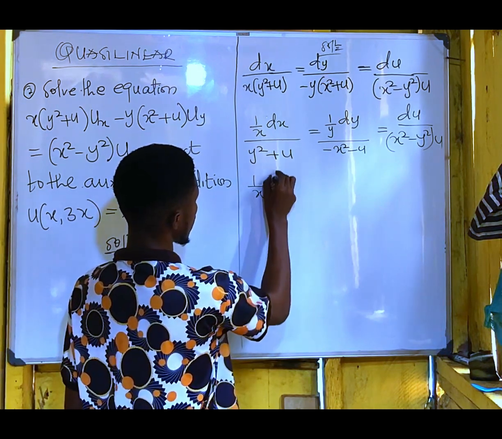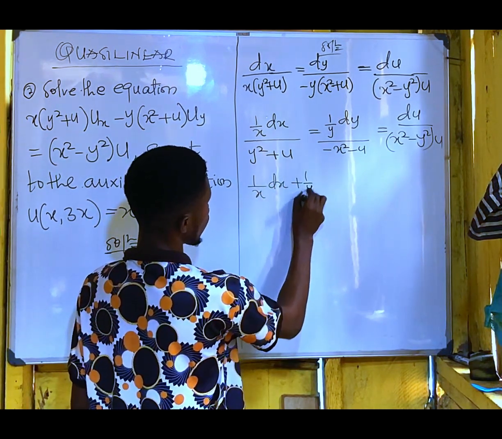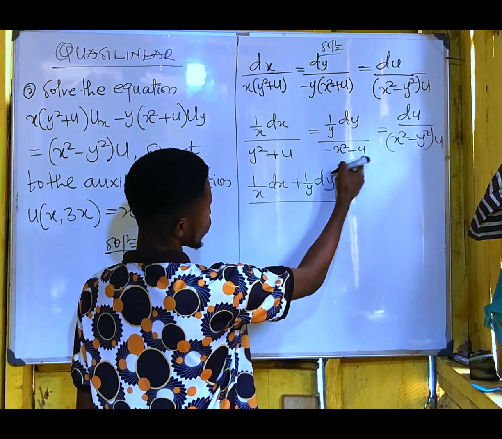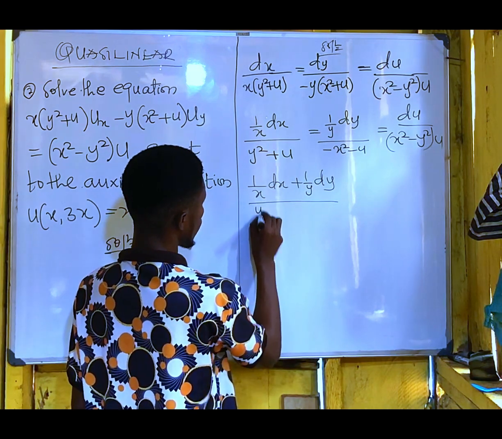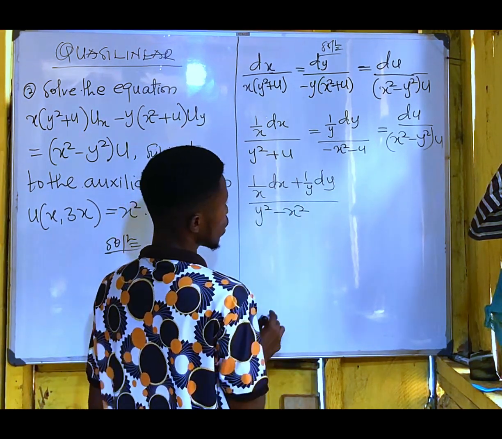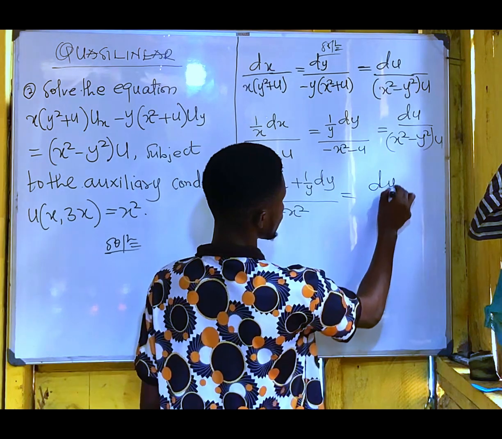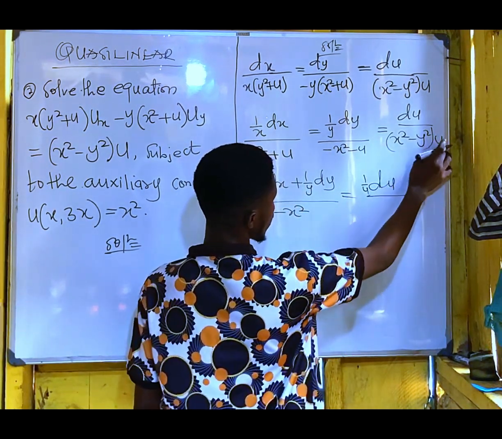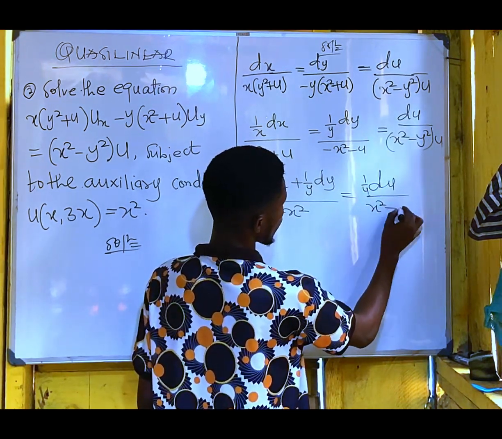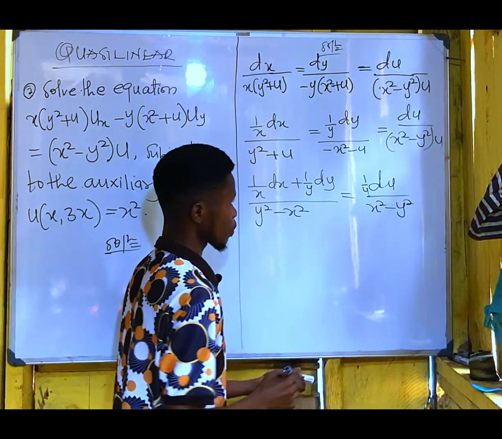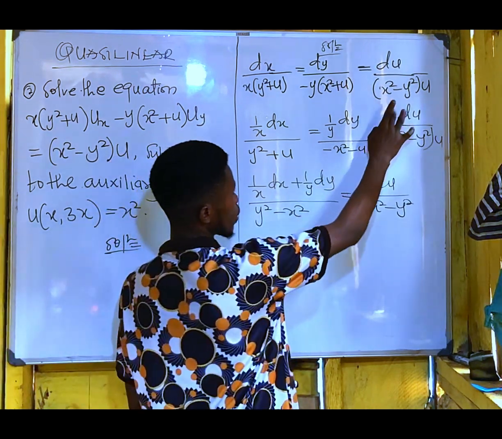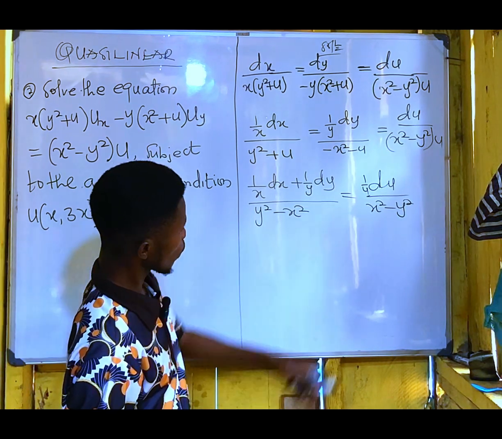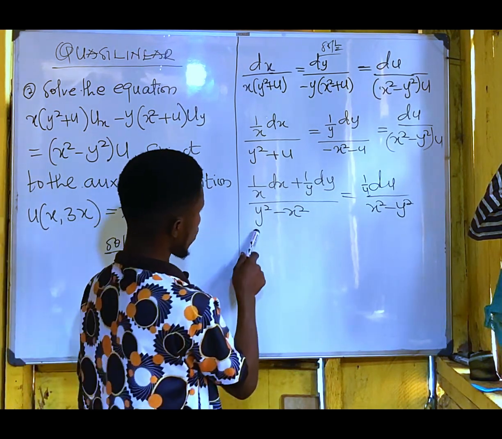1 over x dx plus 1 over y dy is equal to, now if you add this and this will go to 0. U minus u is 0, leaving y squared minus x squared equal to du over, now this one can also be written as 1 over u, so that the u goes up, leaving x squared minus y squared. I should have even written it here, but I forgot. Now from here, this is y squared minus x squared.